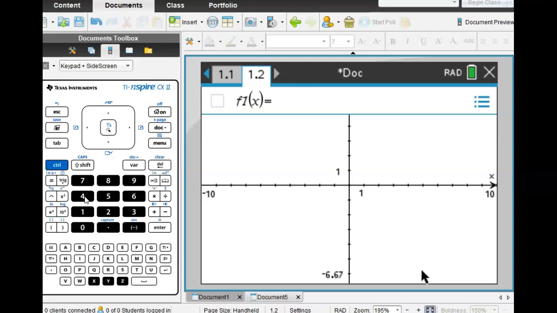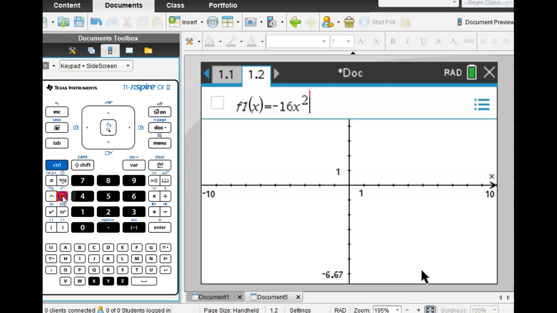Okay, good. So we're going to type in this function, but you can't use t, you have to use x. And it's negative, you have to use the negative sign, not the minus sign. Okay, so negative 16x squared plus 64x plus 3. Gael?